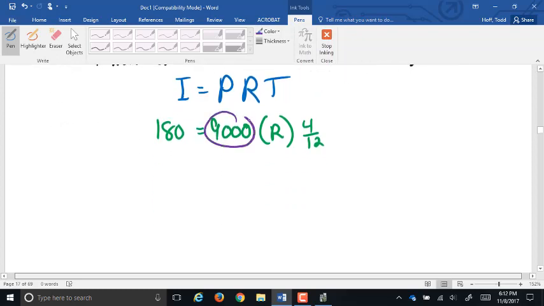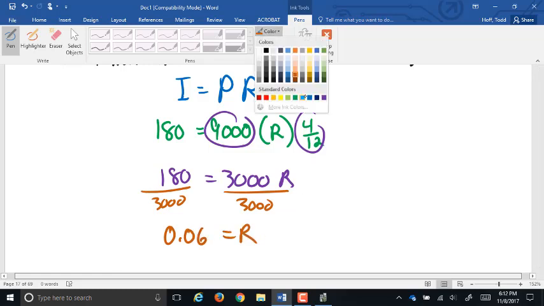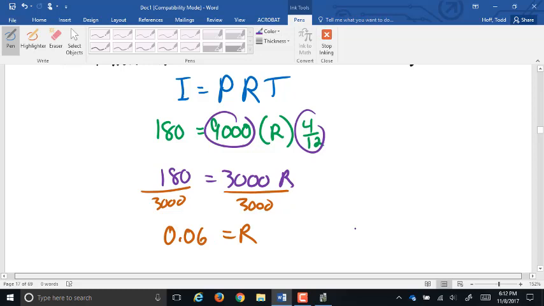So the 9,000 times 4/12 is 3,000. So divide by 3,000. We get 0.06 equals R, which does come out to be 6%.